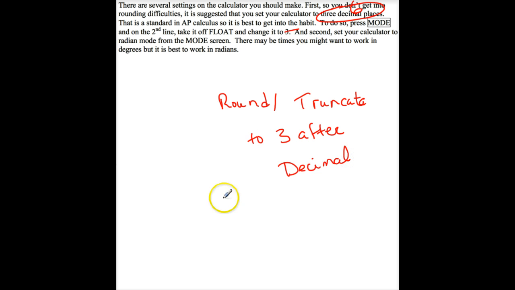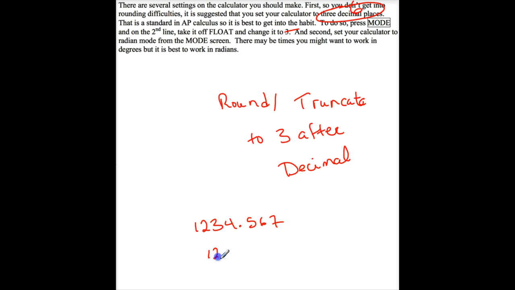So I recommend 6 because if you have something like this, it is an acceptable answer. If you do float 3, depending upon your calculator, sometimes it'll truncate it up here. So you need to make sure you have at least 3 after the decimal.